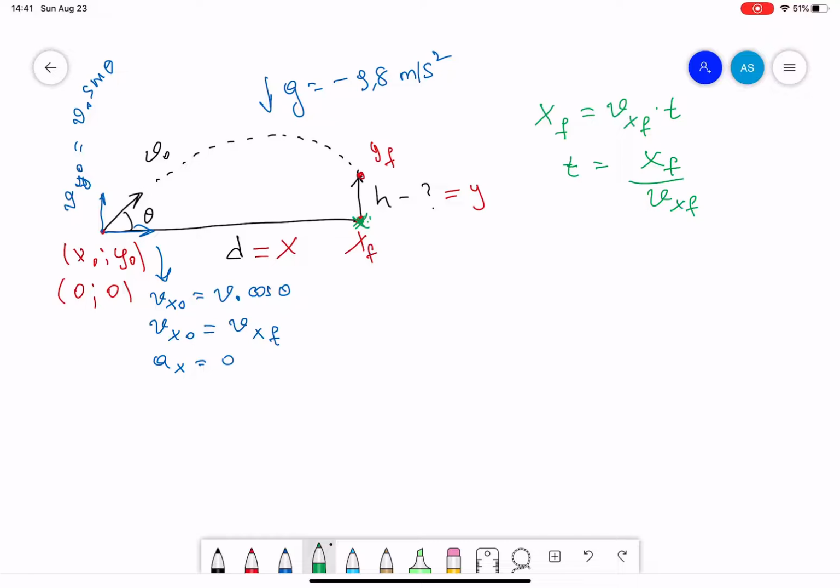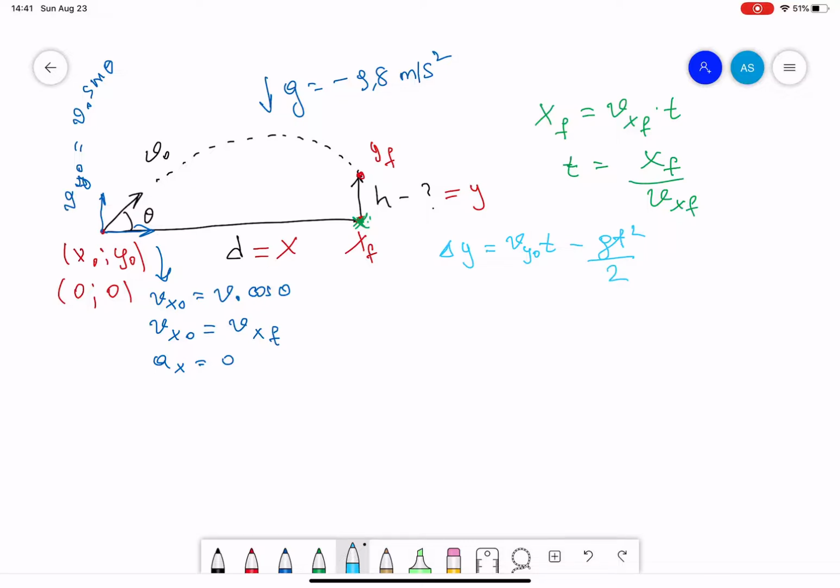Then we can write down another formula for y final. We have a general formula, delta y is equal to vy initial t minus g t squared over 2.